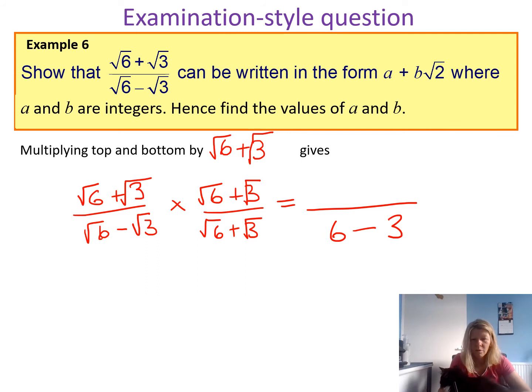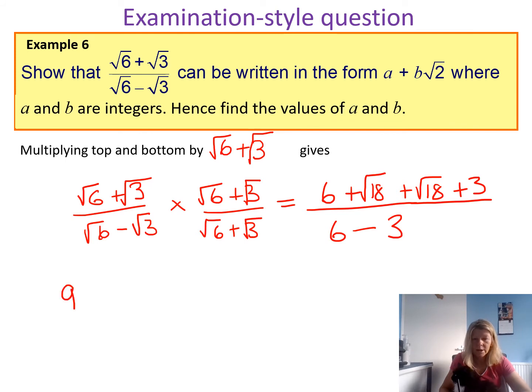And on the top, we've got a right mess here. Root 6 times root 6 is 6. Root 6 times root 3 is plus root 18. And then we've got another plus root 18. And then we've also got a plus 3, root 3 times root 3. So what have we got?